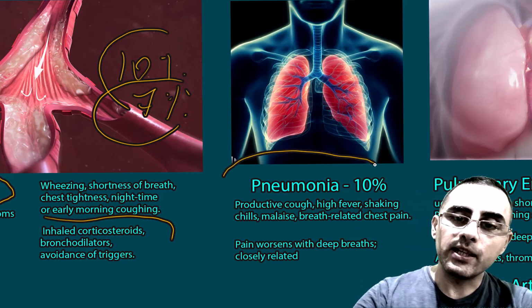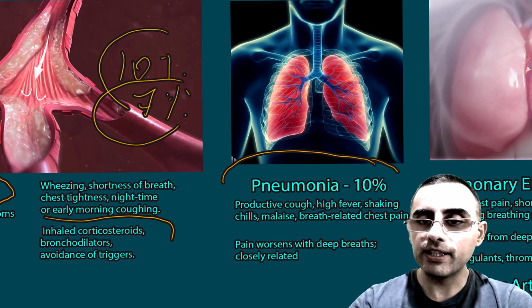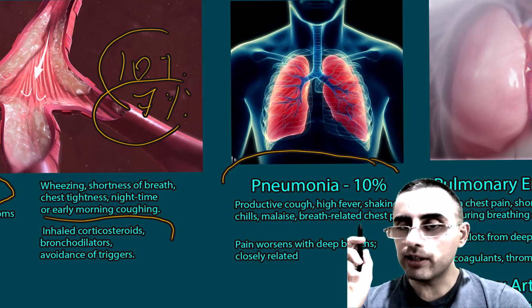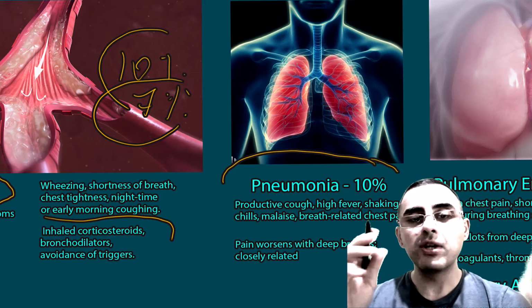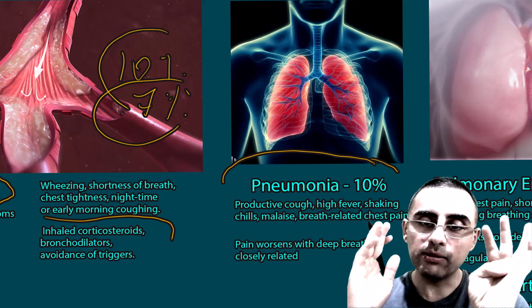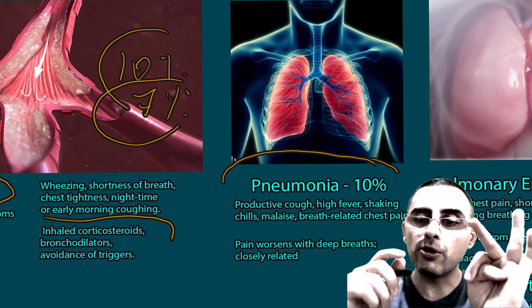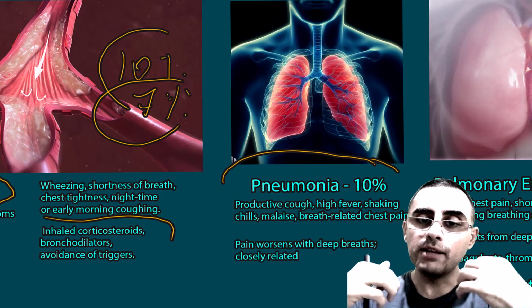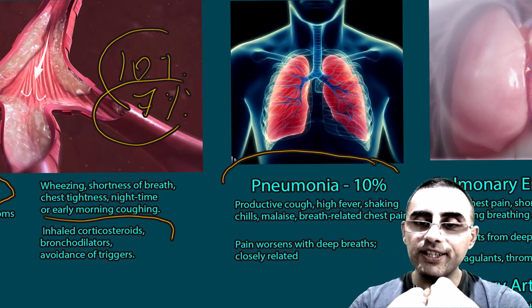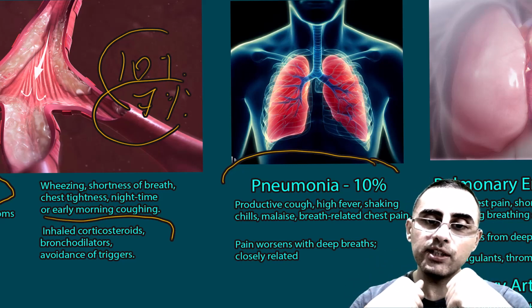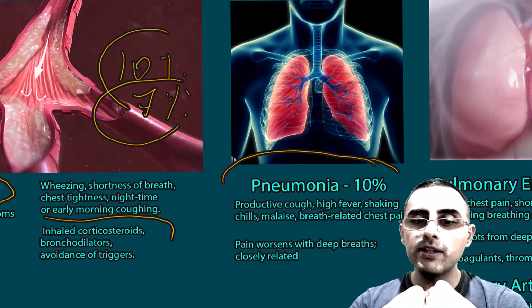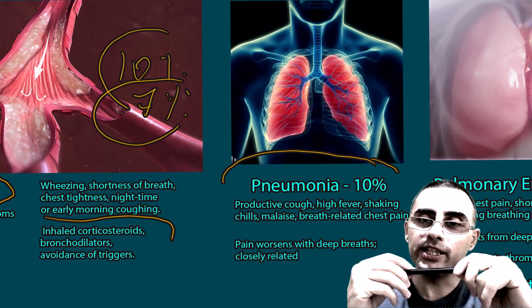Pneumonia. The probability of pneumonia is 10%. It's directly correlated with breathing also. So pleuritis and pneumonia are directly correlated with breathing, and pain increases with breathing. Other symptoms include productive cough, high fever, shaking, chills, malaise, and breath-related chest pain.